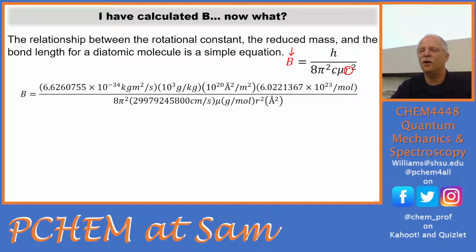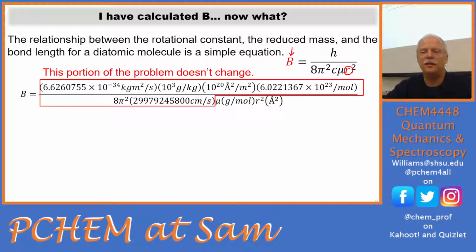Avogadro's number is nowhere in this equation. But if you're using mass in grams per mole, you've got to use it to get rid of that per mole. If you're using grams and Planck's constant, you've got to get out of grams and into kilograms, or vice versa. So this is typically your problem in PChem: not following the units because you don't include them in your calculation. So be sure to write out all your units, and then you'll know when you have to do these conversions.